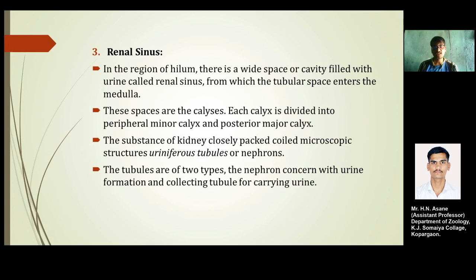So we will see the ultrastructure of the nephron in detail, how the nephron plays a role in urine formation, and how it also saves electrolytes from the urine thrown out. Okay, so this will be one interesting part that we are going to see in the upcoming lectures.